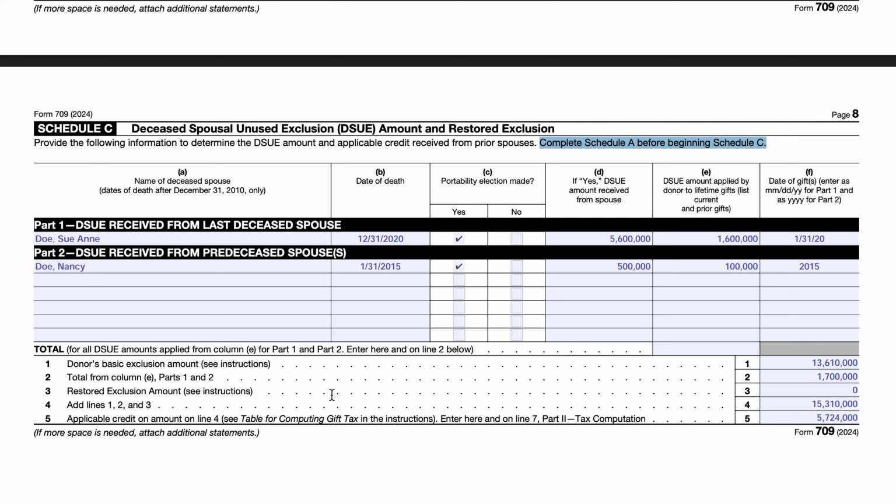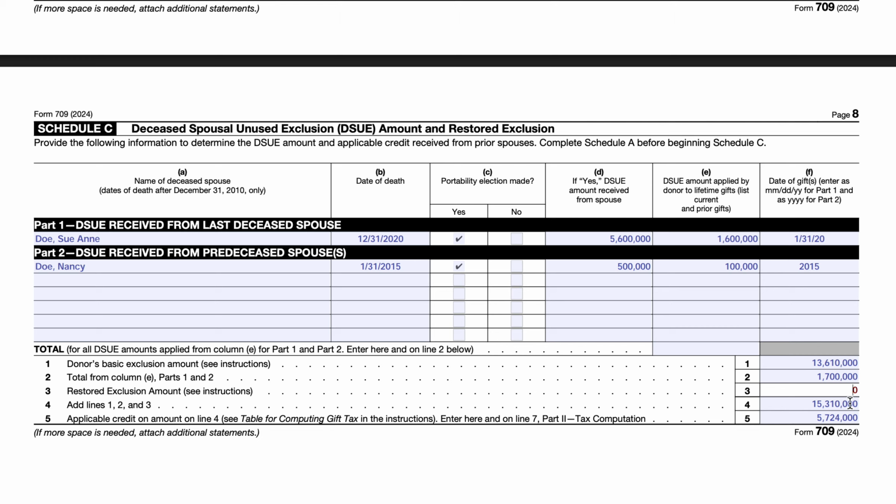Any marriages where there was a predeceased spouse during that time frame, roughly between 2010 and 2013, would have a restored exclusion amount. So, long story short, if you weren't in a same-sex marriage that was originally impacted by the Defense of Marriage Act that was repealed by the Supreme Court decision, you're probably going to have a 0 here.